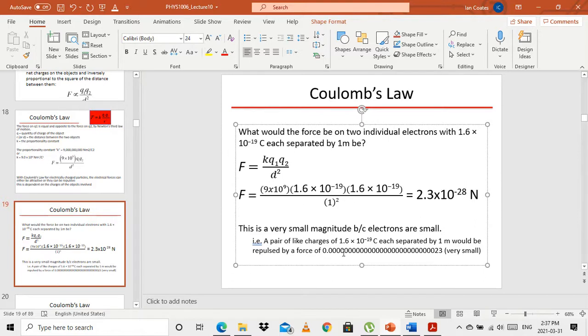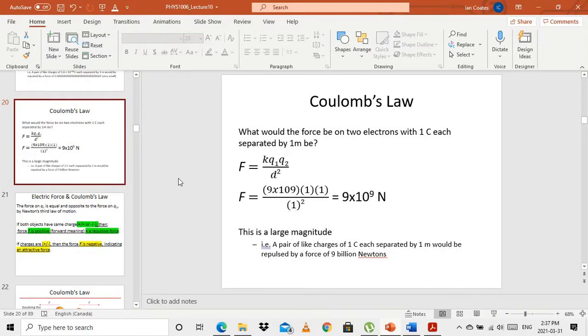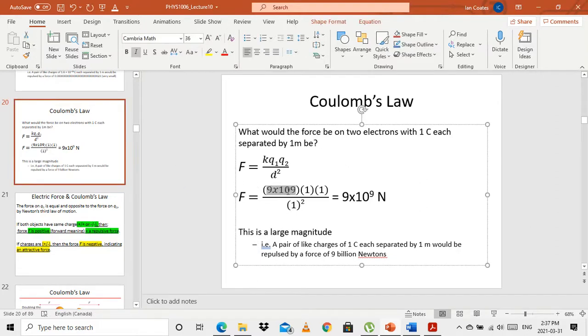Okay, and I actually wrote it out just to show you. Very, very small force, but they are exerting a force on each other. What would be the force on 2 electrons with 1 coulomb each, separated by 1 meter? So, there's your K value.